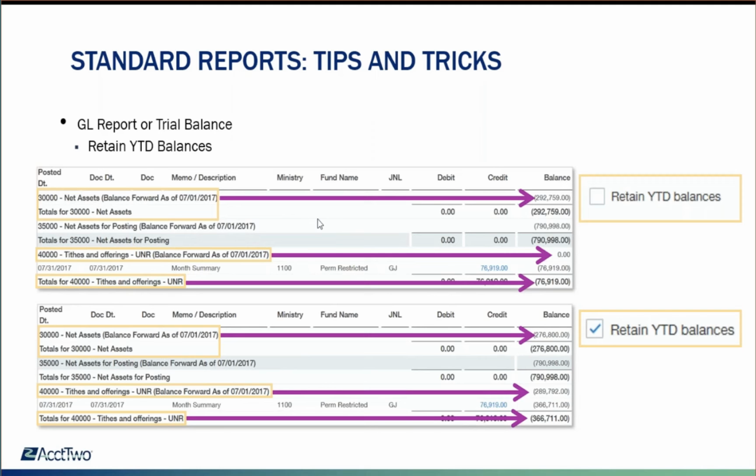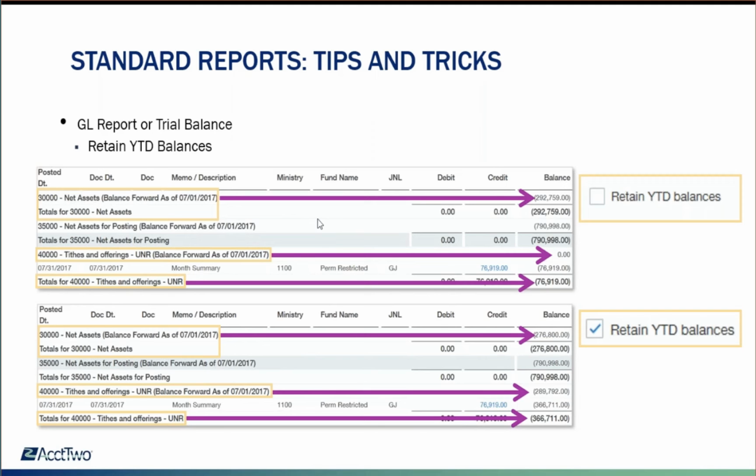In Sage Intacct, it's a little different because revenue and expenses flow into retained earnings or net assets, depending on your organization, in real time just based on the dates you report. So if you run a report, it doesn't matter if it's a week, a month, a year, or a 5-year period, you will not see beginning balances in your revenue and expense accounts because they will have been rolled into your retained earnings or net assets.